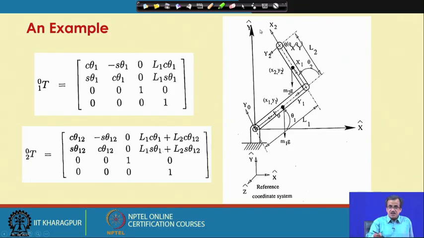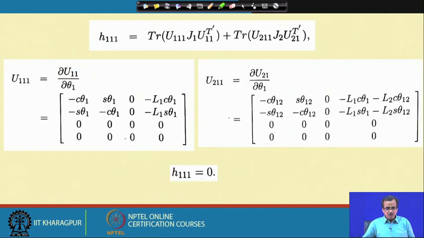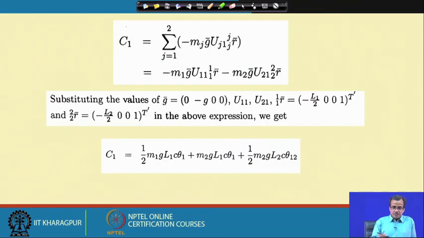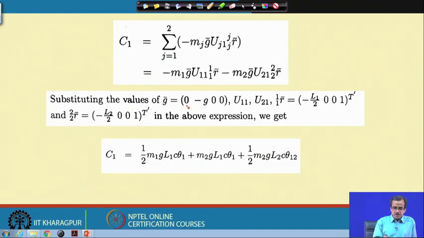So, g is acting opposite to the y direction, vertically downward, and that is why we have to put this particular expression 0, minus g, in place of y I have written minus g, and z is 0, but here one extra 0 I have put, the reason I will tell you. Now, this U 1 1 we have already determined, and this is nothing but a 4 cross 4 matrix.